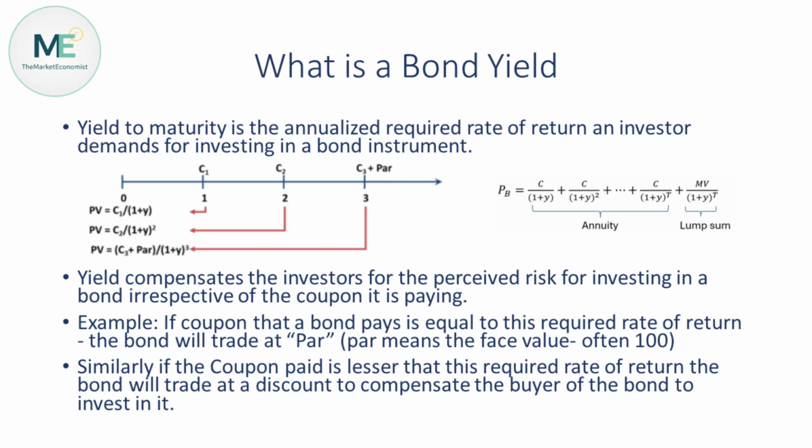So if the coupon and the y are the same, the price of the bond will always be 100, and that is mathematically also true. Similarly, if the coupon paid is less than the required rate of return that the investor is demanding for taking on the risk of investing in that particular bond, then the bond will always trade at a discount, that is, at a price lower than the par value of 100.